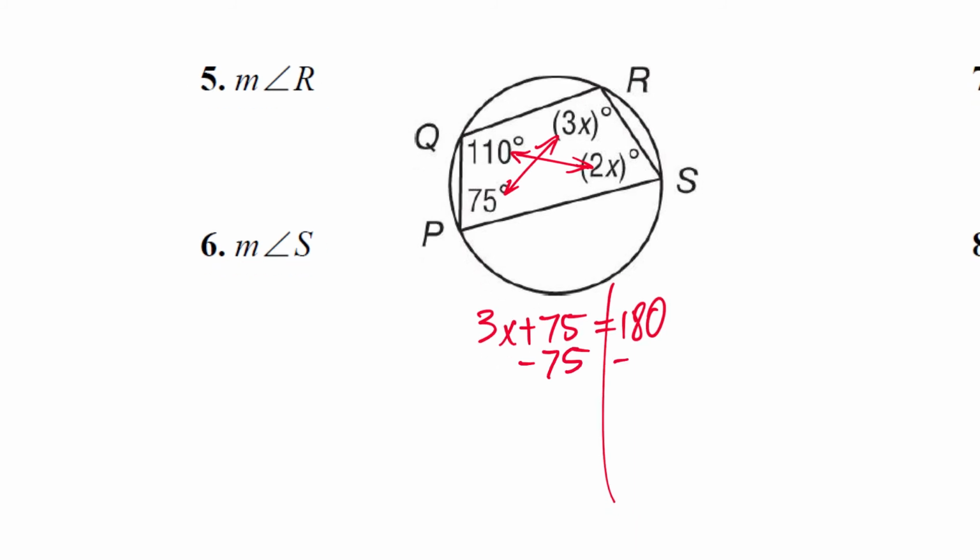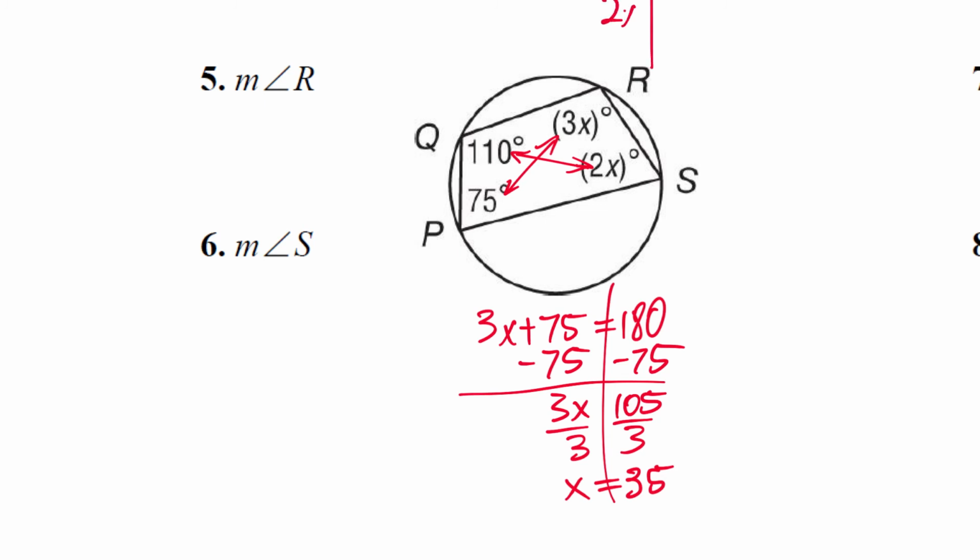Minus 75 on both sides. 3x equals 105, divided by 3. x equals 35. And if you set up the other way, 2x plus 110 equals 180. You'd only have to do it one way, but subtract 110, 2x equals 70, x equals 35 that way also.